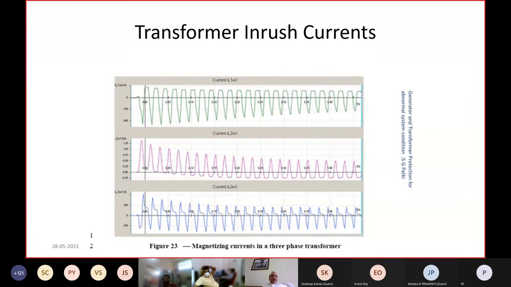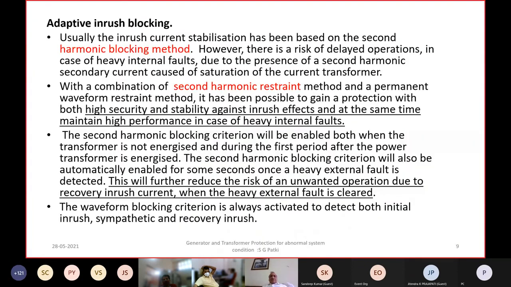So when you say I have a second harmonic restraint of say 15% or 18%, which used to be a typical setting. Good old days, we remember we used to keep the second harmonic restraint at 18%.